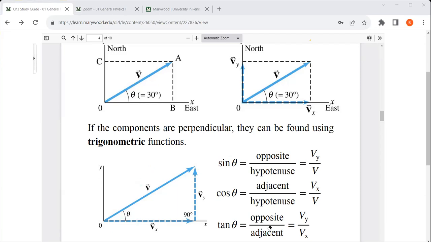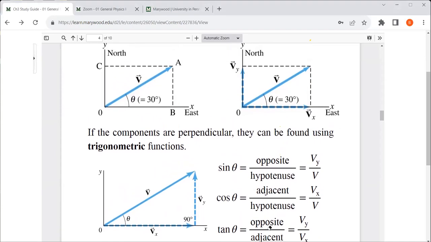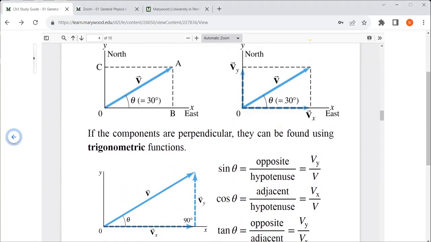All right, if we understand these, the next part is to write the component vectors. So let's say we have this vector. Now you can draw graphically. This is the x component and this is the y component. Now you see that this is the x component, the first vector.